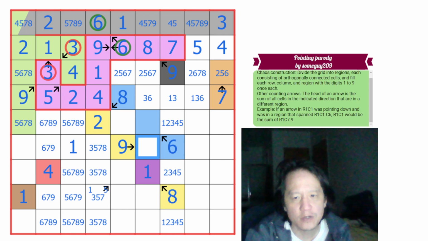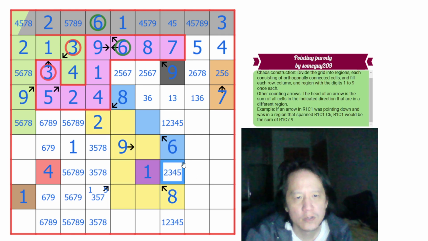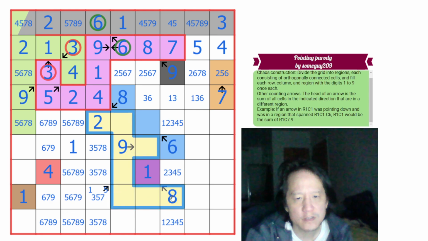So yellow has to go here, and yellow has to be one of these two. So 1, 2, 3, 4, 5, 6, 7, 8. Four, 5, 6, 7, 8.